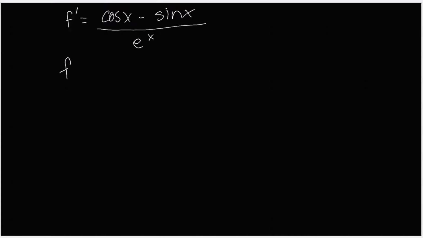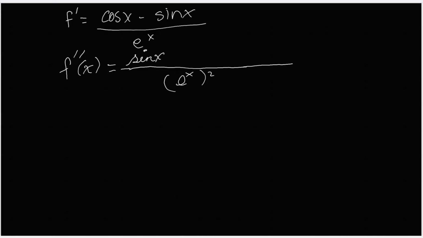So then the second derivative is, quotient rule will apply, e to the x squared on the denominator. The derivative of the top: the derivative of cosine x is negative sine x.